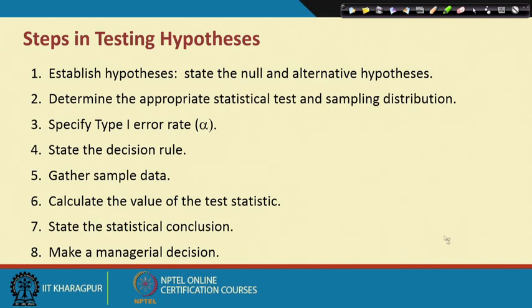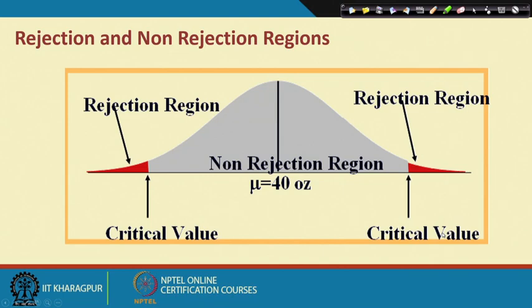Now, in the process of this investigation, the usual testing structure is like this, and we have specified 8 steps, and the 8 steps can be graphically located like this. The first structure is the setting of the null and alternative hypothesis, and then the role of inferential analytics is to take the decision whether to accept the null hypothesis or to accept the alternative hypothesis.